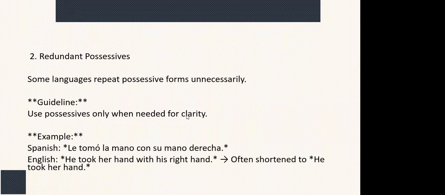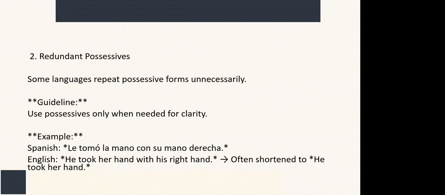Okay, we have another one here. Redundant possessives. What we've learned from comparative linguistics is that because of Spanish being the way it is, in Spanish we repeat possessives a lot. Le tomó la mano con su mano derecha. That's very descriptive. Sometimes it's necessary, but English is more economic, right? The way it's conceived in English is different.